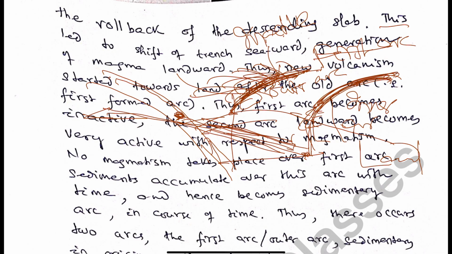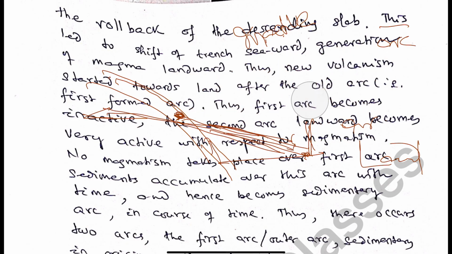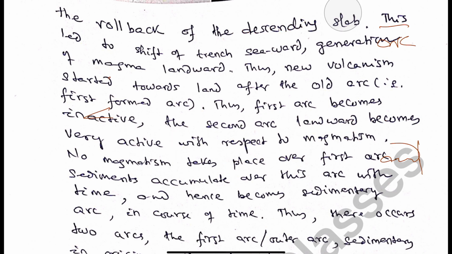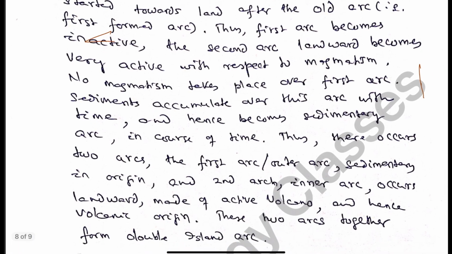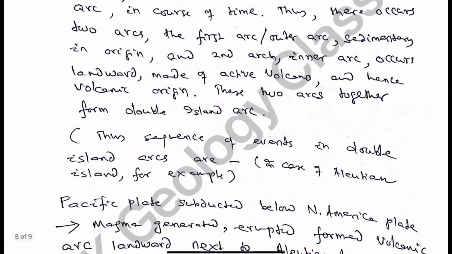It has been covered by a thick cover of sediments derived from the trenches. So it has become sedimentary. This is igneous. So these are the two arcs, and these two arcs give rise to the double island arcs. That has been seen in the case of the Aleutian Islands towards the land side of North America.